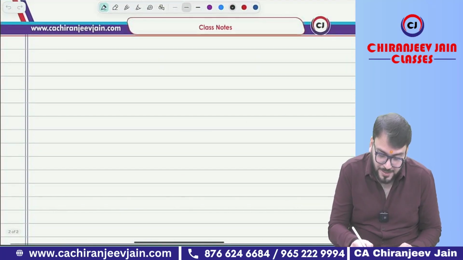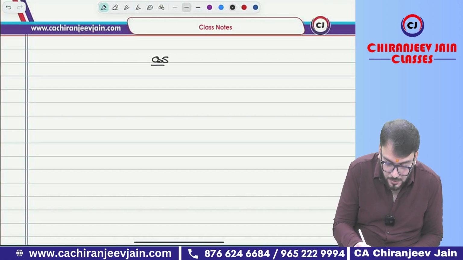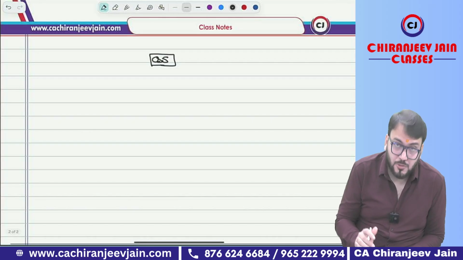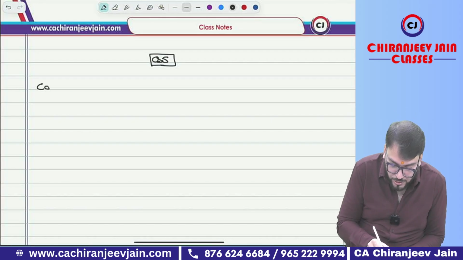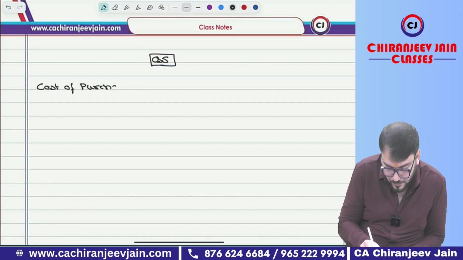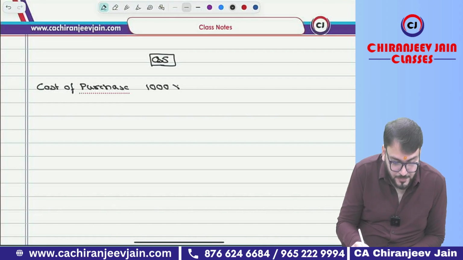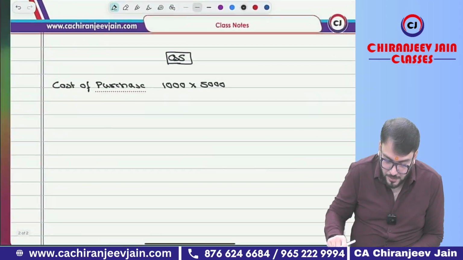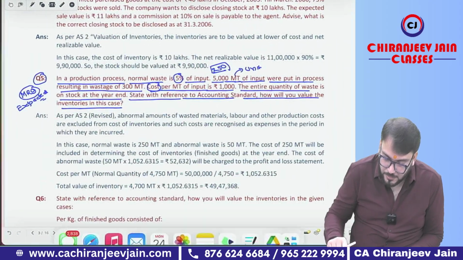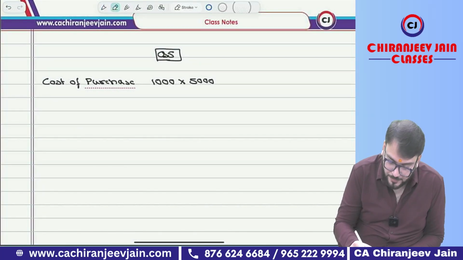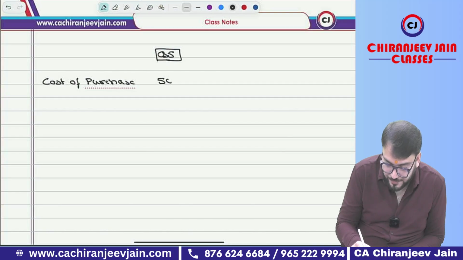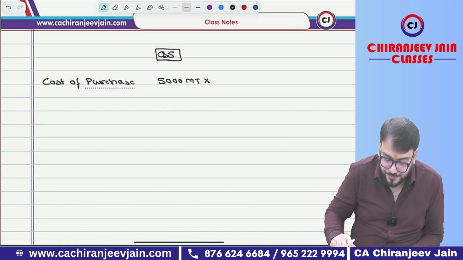So we are doing question number 5. You will also write down. What is the cost of purchase? First we'll find out cost of purchase. That is 5000 units, my mistake, 5000 MT. And what is the cost price of one MT?